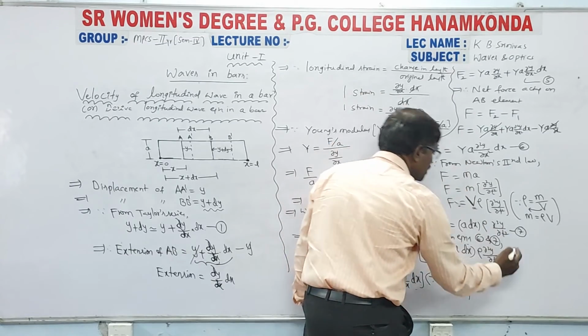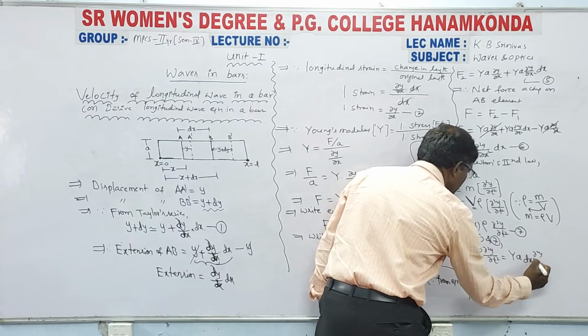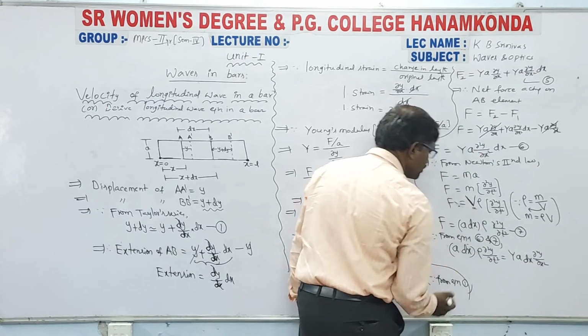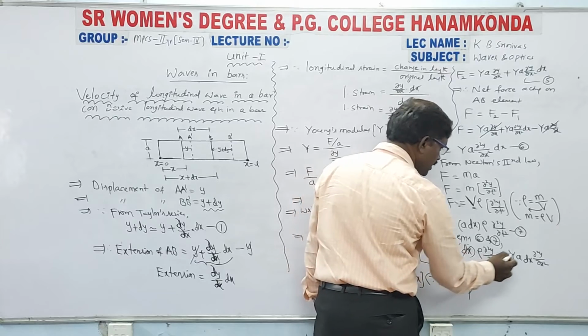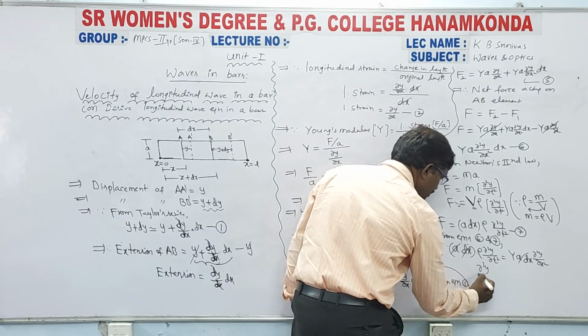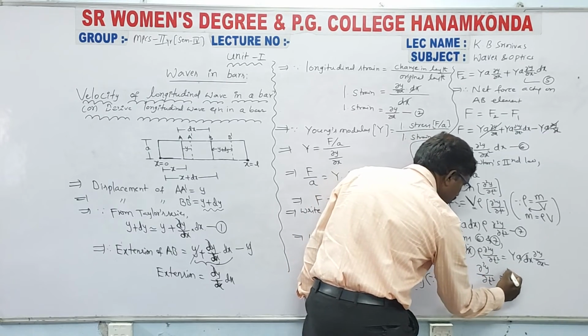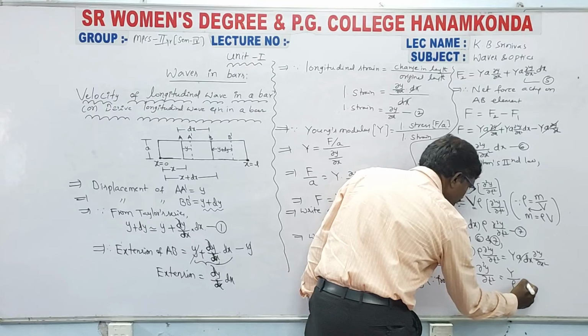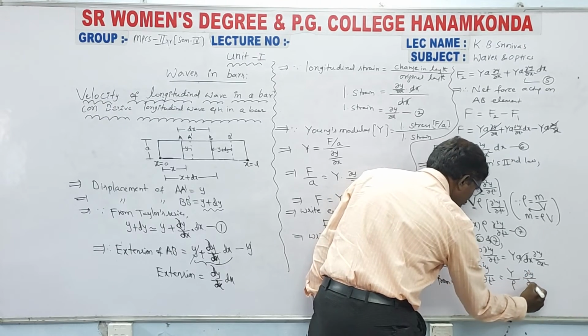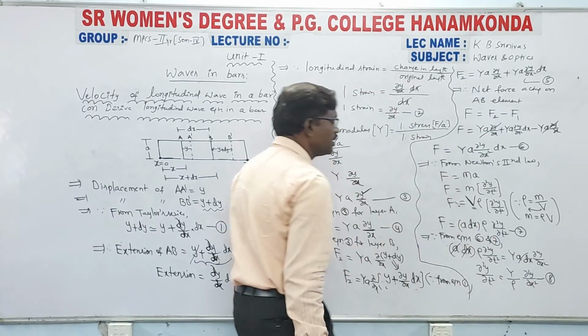Coming to this one, that is YA dx ∂²y/∂x². A dx gets cancelled. So, I want to calculate ∂²y/∂t², which is equal to Y by rho into ∂²y/∂x². Let this be equation number 8.